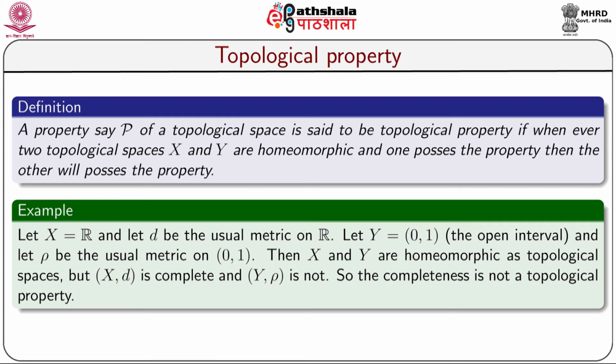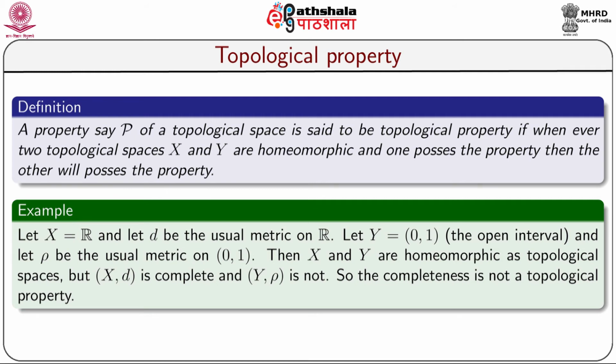Let us consider X equal to R with our usual Euclidean metric, and let Y equal (0, 1), where we have taken the trace of the usual metric on (0, 1). Let us call it rho.